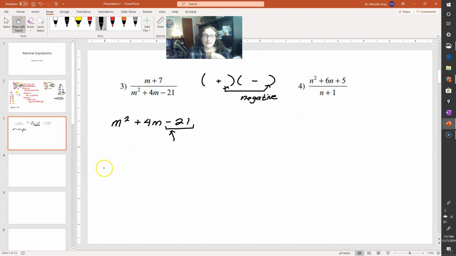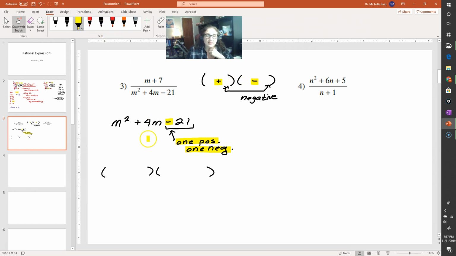So in this case, I know my binomial is going to have one positive and one negative, because when I multiply my last term, I need a negative number. So I need one positive, one negative, like this.